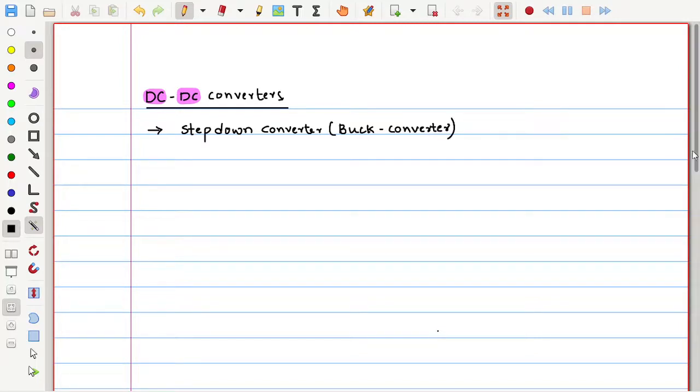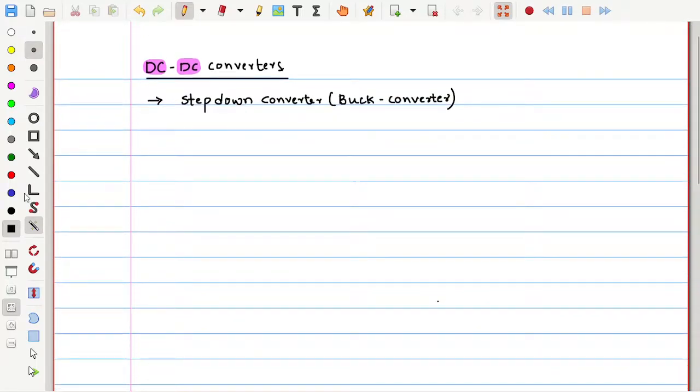So in a buck converter, we usually have these things, let me draw them like this. We will have the input, which is a voltage source, let us say Vi, and we will have the load where the output will be taken. So this is some load.